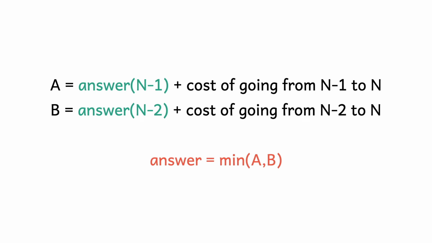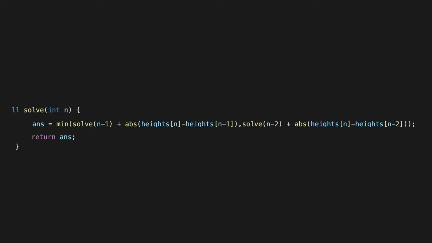So when we want to compute answer of n-1, we basically pretend that the whole universe, the whole instance that we are dealing with, is now restricted to stones 1 through n-1 only, and then we just solve that in its own right. And when we are done, we come back to the current world, which is the world with n stones, and we piece everything together. So if you were to translate this to code, it would look something like this. You want to write this inside a function so that it can call itself.